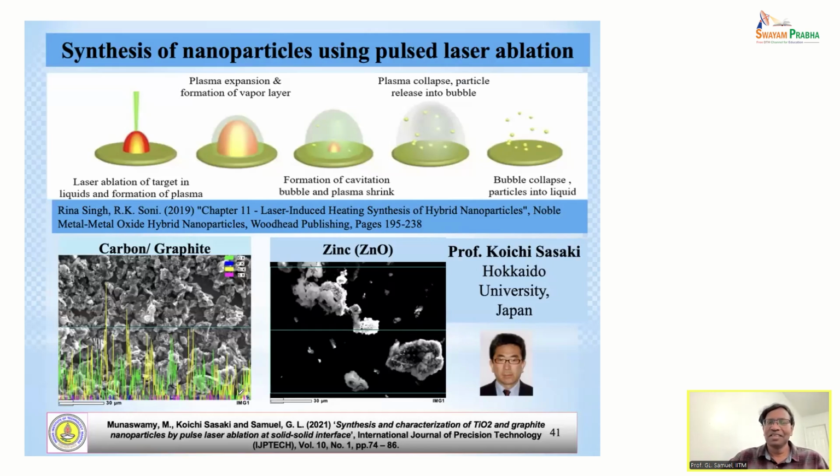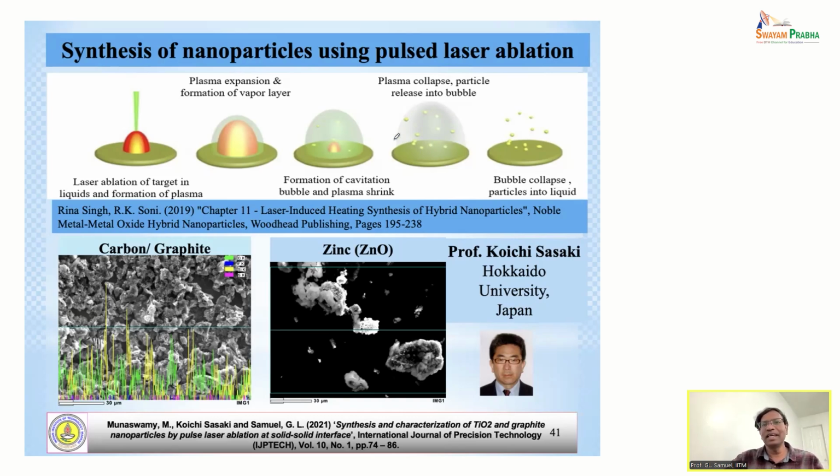And we have also seen something interesting. By using these femtosecond lasers, we can produce nanoparticles. We talked about laser ablation. You put a laser, so it almost melts, evaporates, and then explodes.